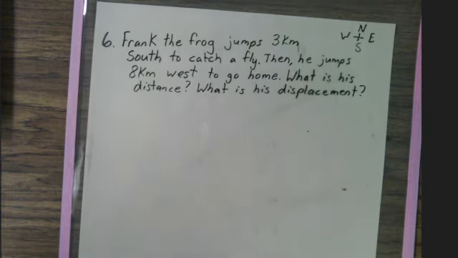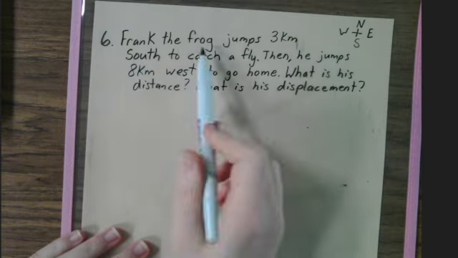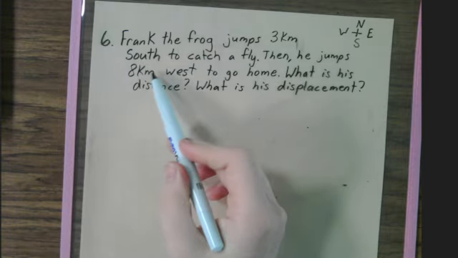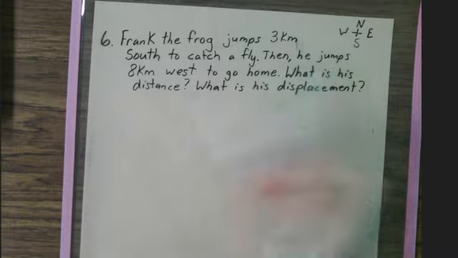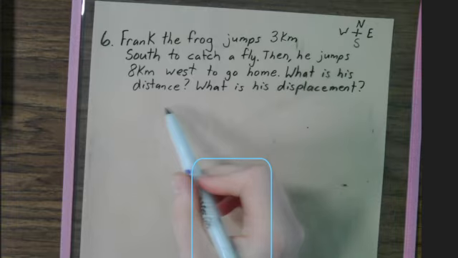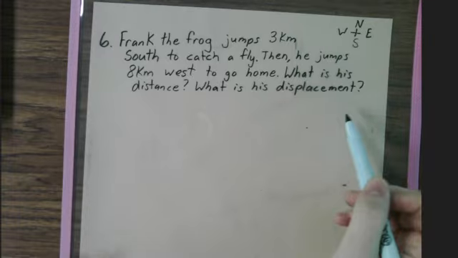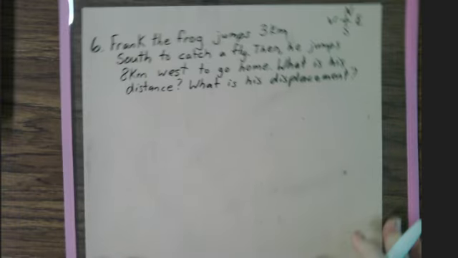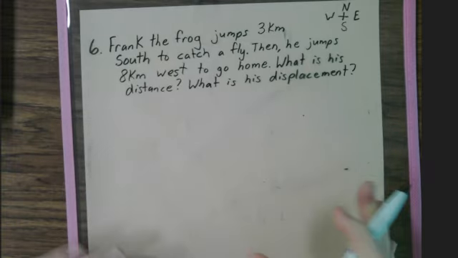Let's do one more. All right. Frank the Frog jumps 3 kilometers south to catch a fly. Then he jumps 8 kilometers west to go home. What is his distance and what is his displacement? So let's draw this first just to get an idea of what we're doing here.